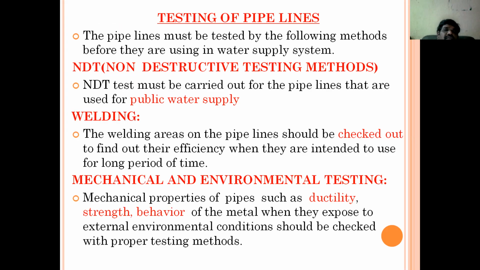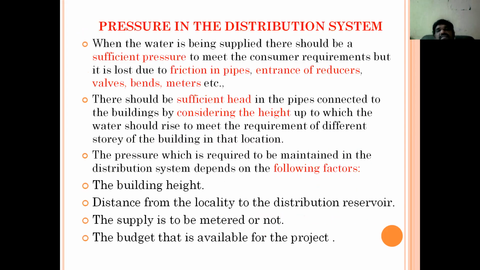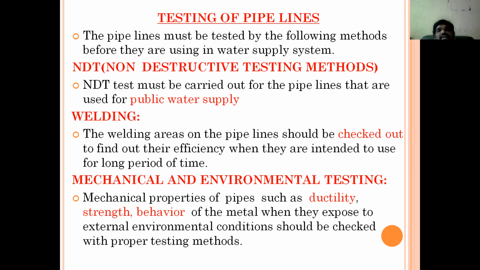These four, NDT tests, welding tests, mechanical environmental testing, hydrostatic tests, are four basic and important tests to test the pipelines. See here, in the previous case, pressure in the distribution system we discussed, and testing of pipelines we discussed. Hope you understood.